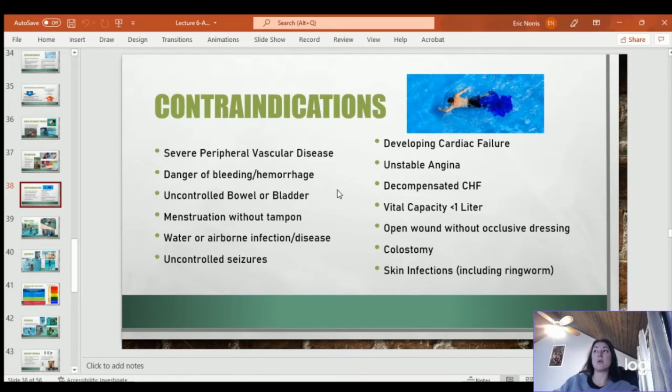All those you would avoid aquatic therapy for the protection of the patient and others getting into the pool.